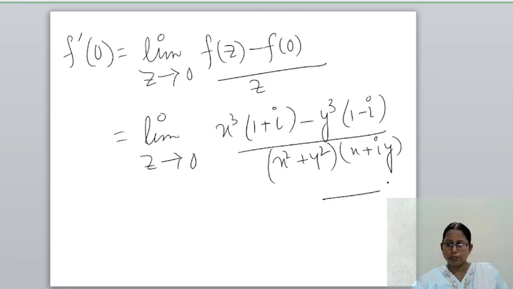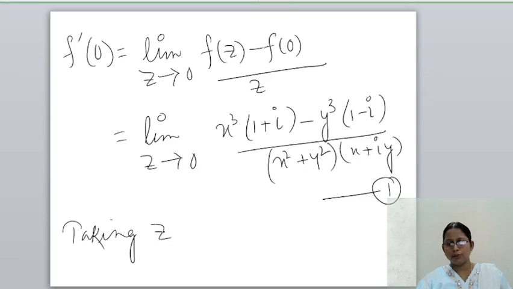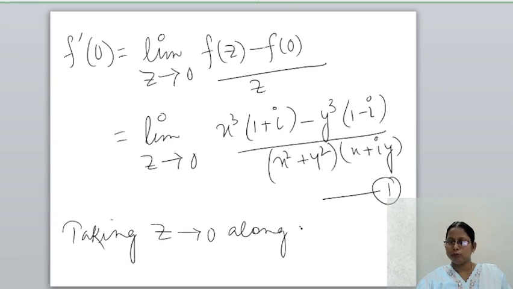Next, taking z tends to 0 along y equal to x, we are going to check out whether this limit exists or not.